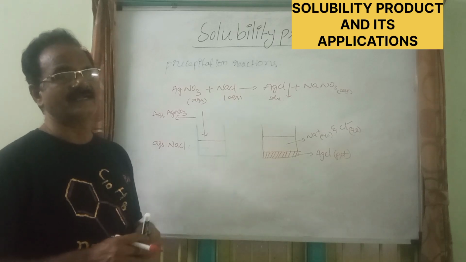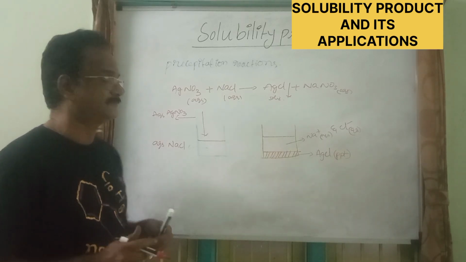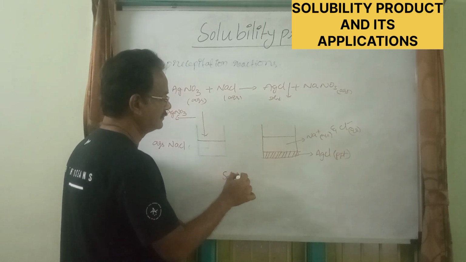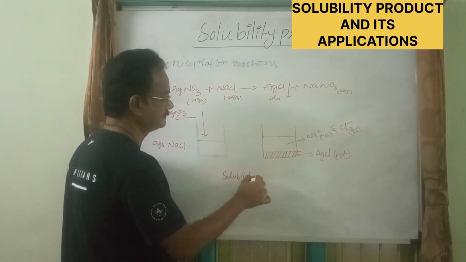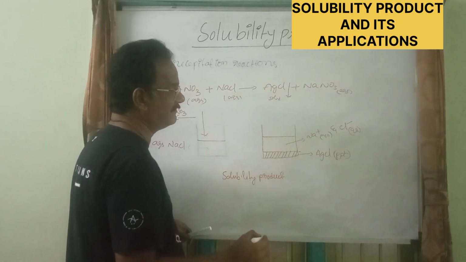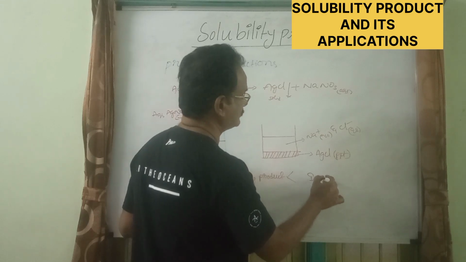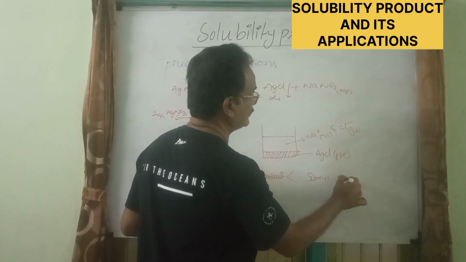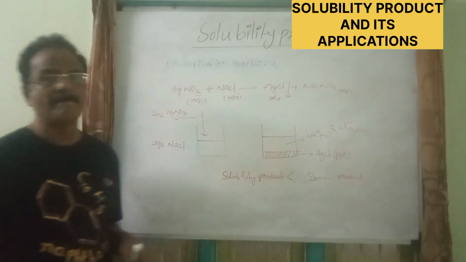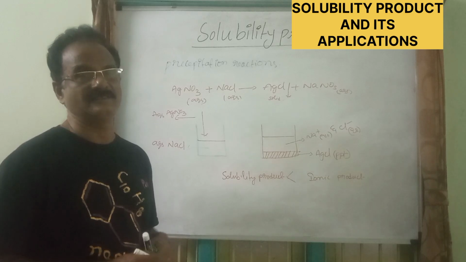Okay, here the condition for precipitation is, let us see, the condition for precipitation is that solubility product always should be less than ionic product. Okay, because only then precipitation will happen.